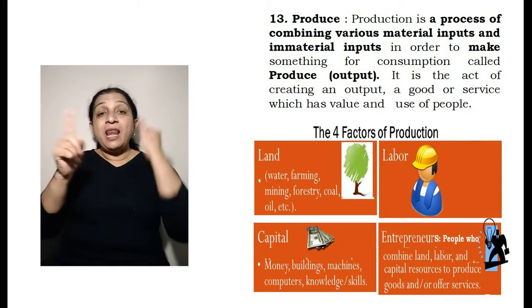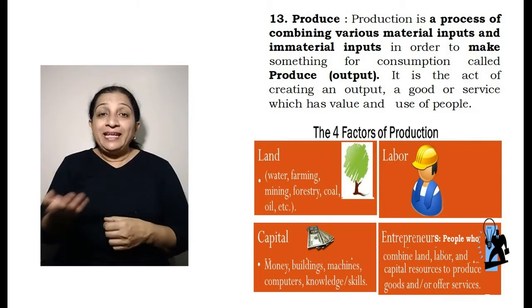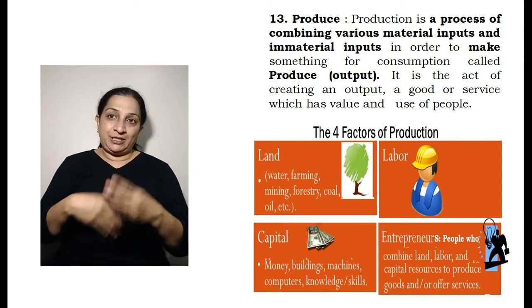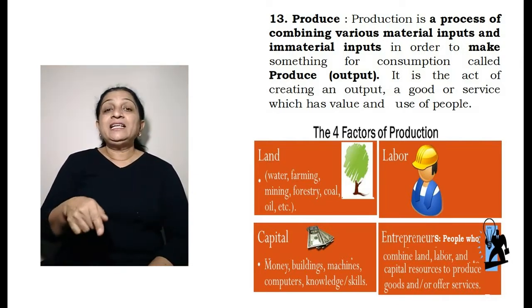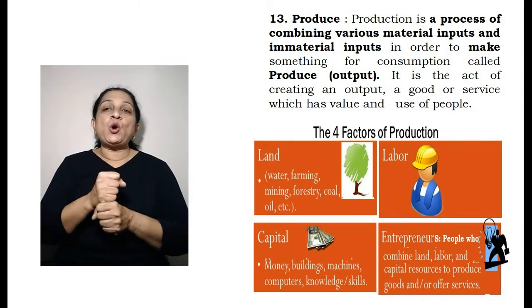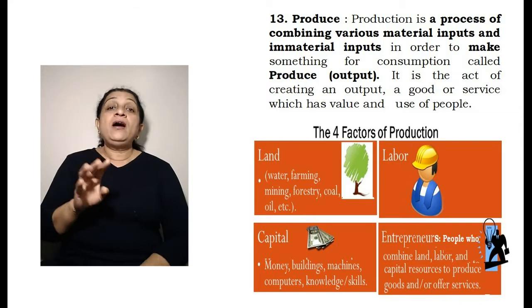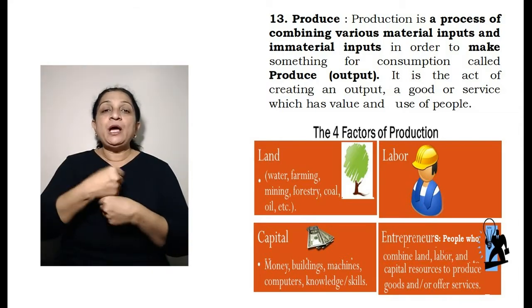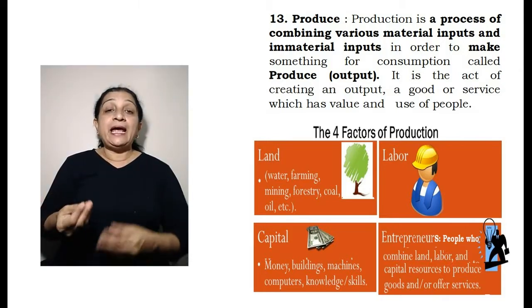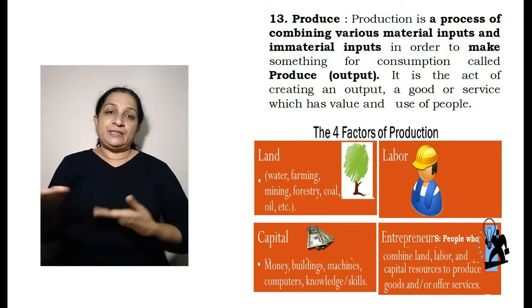That is the last thing that is made in the process of production. That process gives the thing called produce. There are 4 things that are involved in production: land, labor, capital, and entrepreneurs.